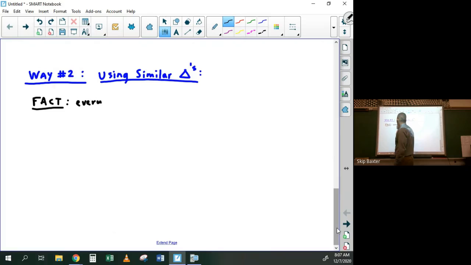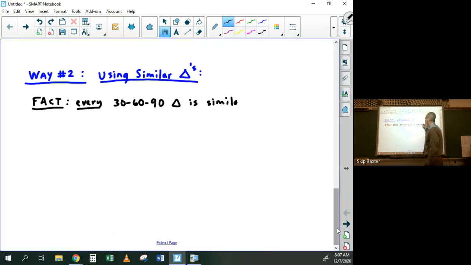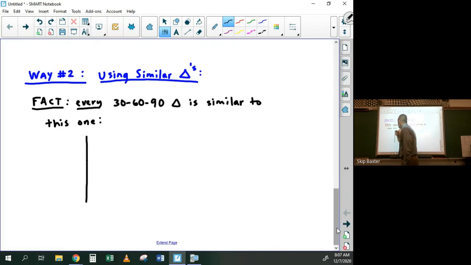Every 30, 60, 90 triangle is similar to this one: 1, 2, square root of 3.